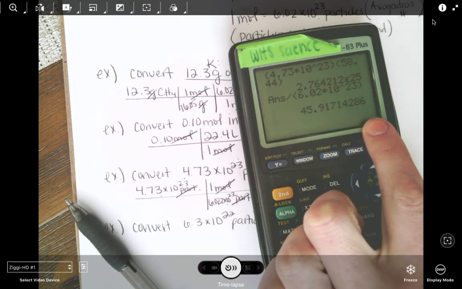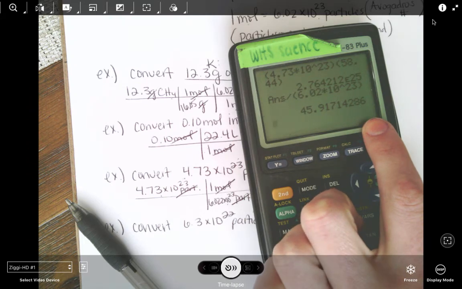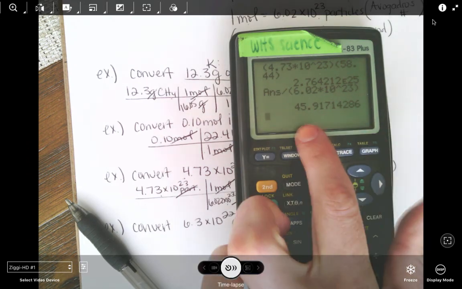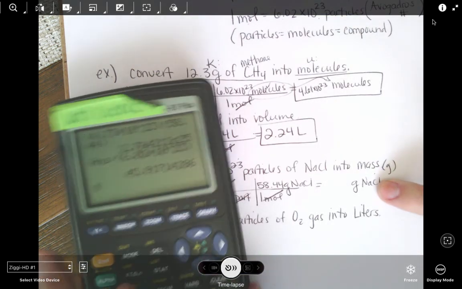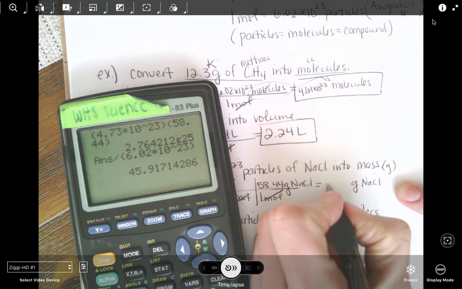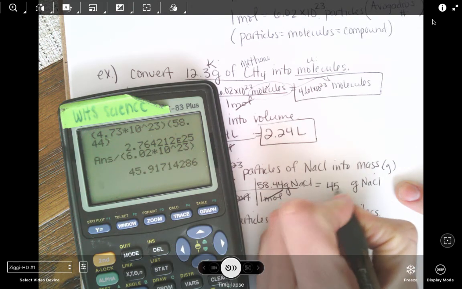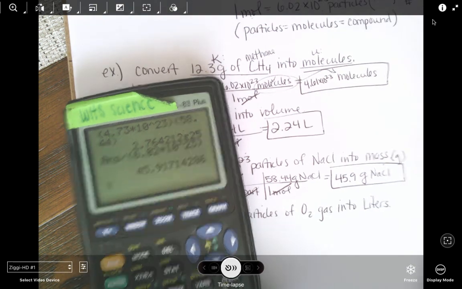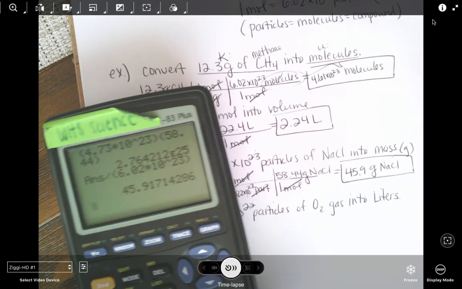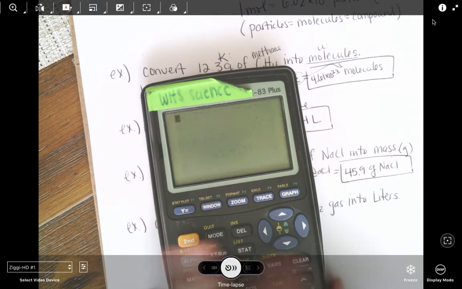So if you ever get a times 10 to the 40 something, put the brakes on, it's wrong, recalculate with parentheses. So this answer is 45.9 grams of NaCl, which makes sense because we're talking about mass, so that's a logical number for mass. So the numbers have to be reasonable.